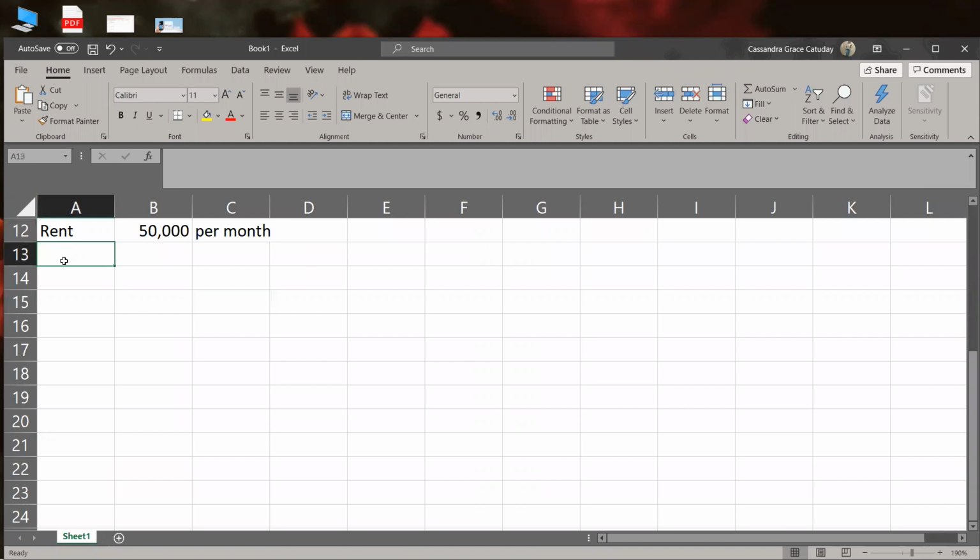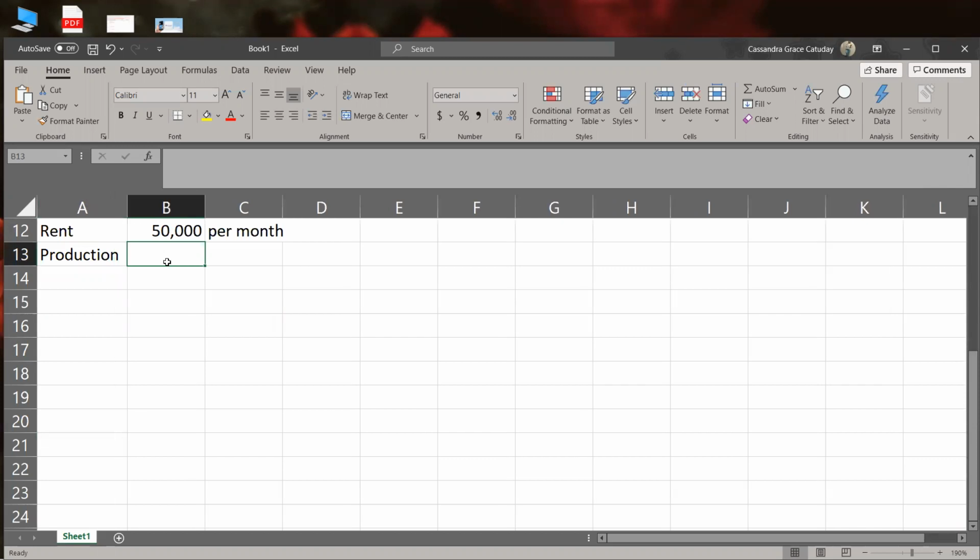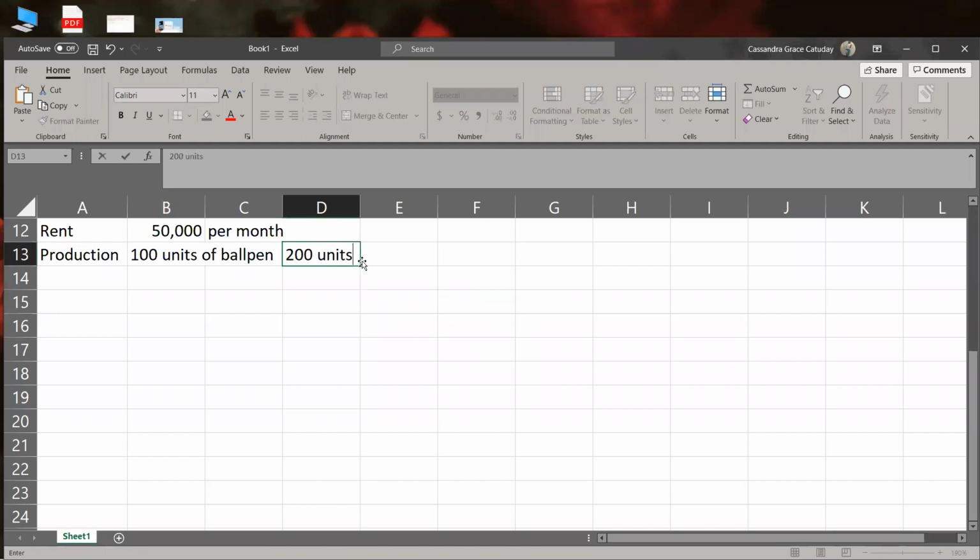And then production. Singuntaan naton usual production is 100 units of ballpen. Gusto naton i-allocate ang cost per ballpen. Tapos yan na, we are planning to do 200 units of ballpen na.